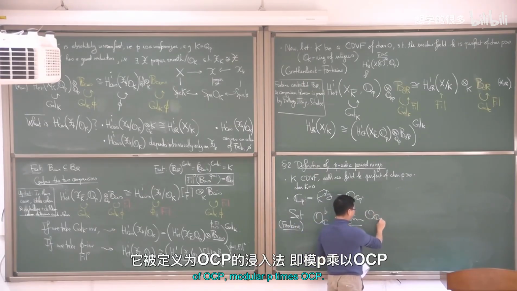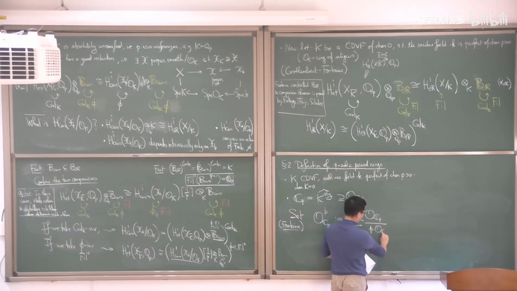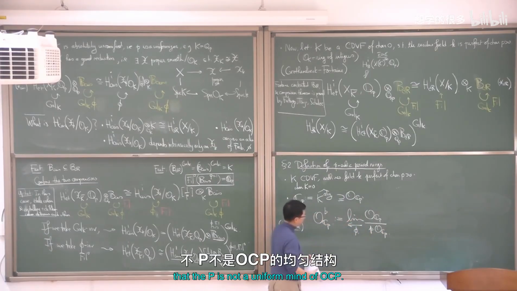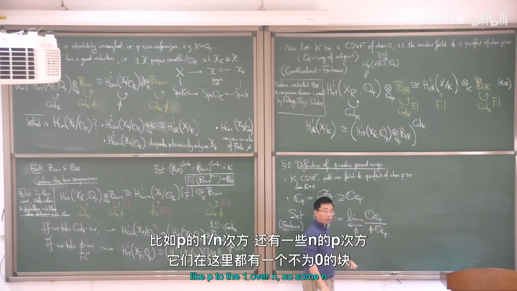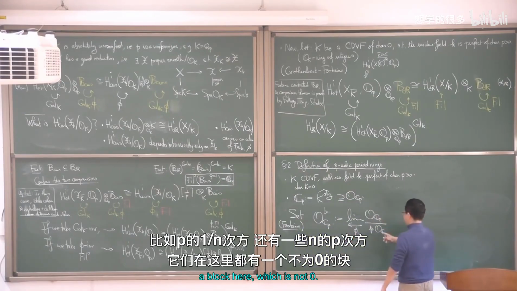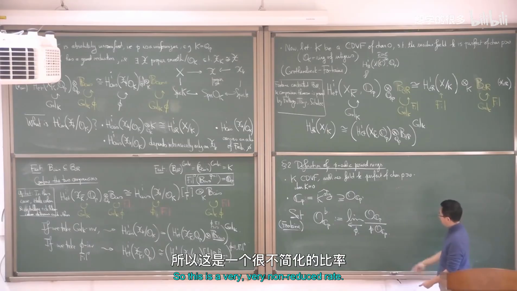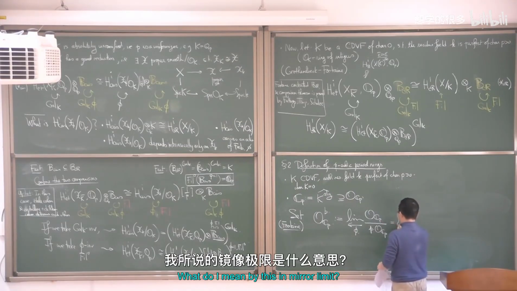the inverse limit of O_{C_p} modulo p times O_{C_p}. Note that p is not a uniformizer of O_{C_p}. So inside this ring, there are a lot of terms like p^{1/n}, for example p^{1/p}. They all belong here, and are not 0. So this is a very non-reduced ring. What do I mean by this inverse limit?